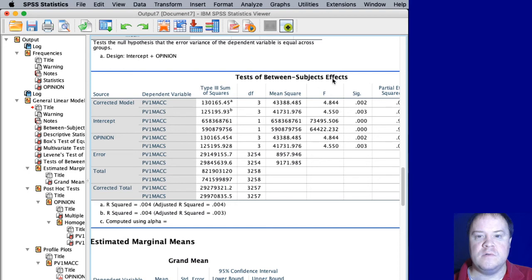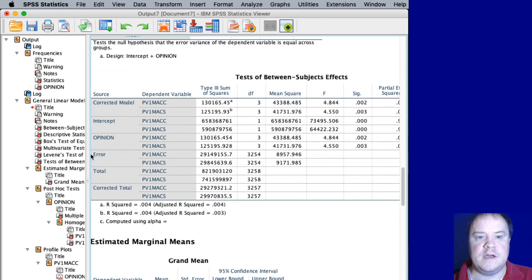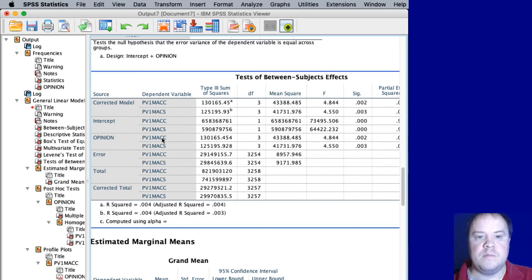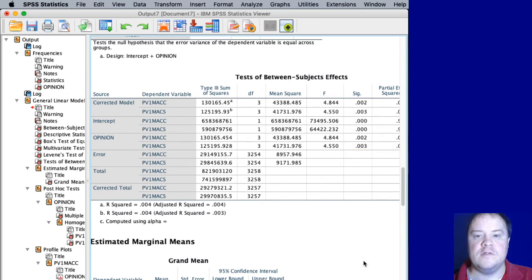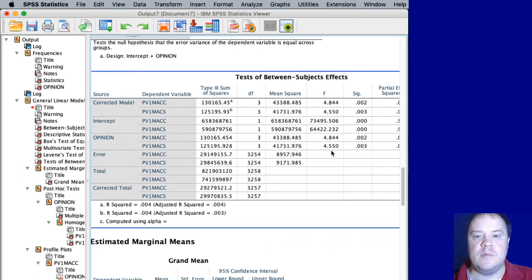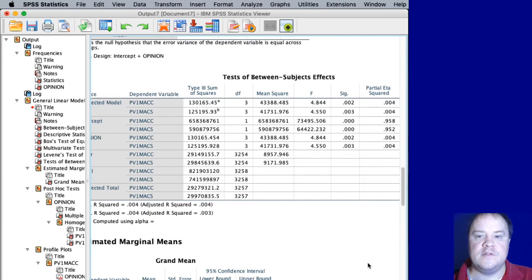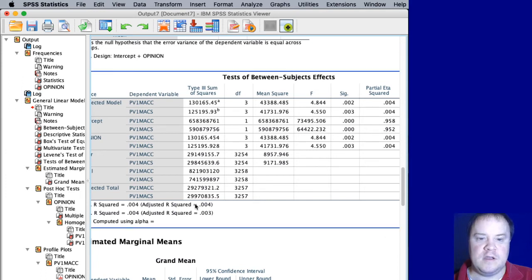Here's the ANOVA results, test of between-subjects effects. And on the row that says opinion, you can see both of our dependent variables here. So this one, which is basically like an algebra subtest, MACC, p-value of 0.002. The geometry subtest, p-value of 0.003. Once again, partial eta squared is very small, which you'll notice down here is the exact same thing as R squared.